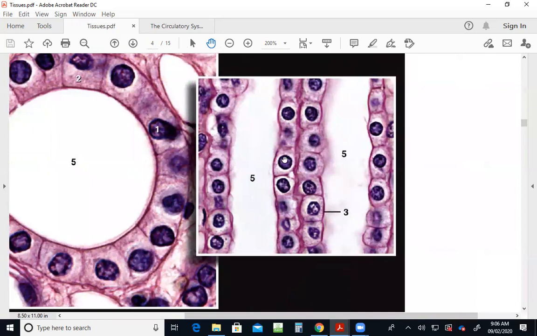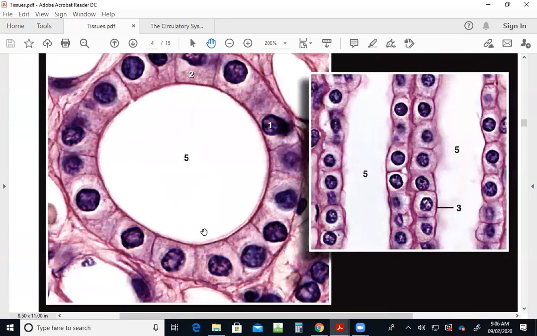Now here on the right side of the page, these two layers are right next to each other, so it might confuse you and make it look like there's two layers. In actuality, if you were to draw a line right down the middle of them, that would be this tube over here, this tube over here. So they're actually just next to one another. This one's kind of confusing, so I would not worry about this box, just this picture for the simple cuboidal.